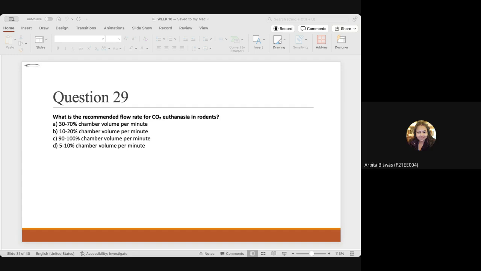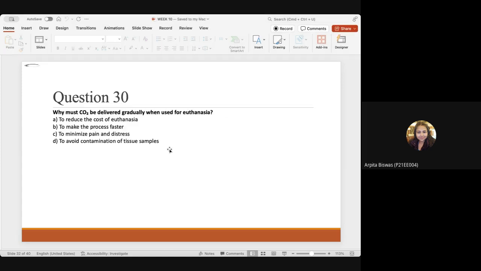Yes, 30 to 70% chamber volume per minute. Okay. So option A is the right option. So next, move toward question number 30. Why must CO2 be delivered gradually when used for euthanasia?